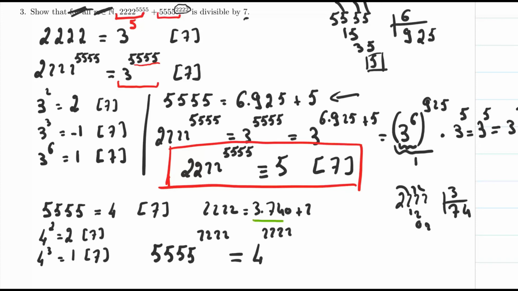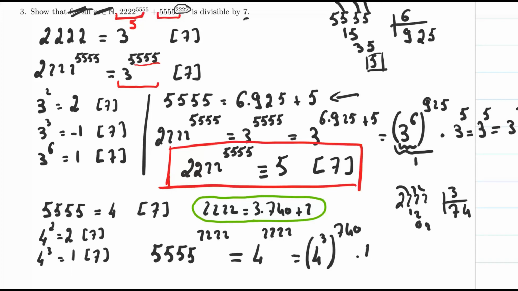And using this here, I write it 4 to the power 3 to the power 740 times 4 to the 2. But 4 to the 3 is 1 modulo 7, so all this is 1 modulo 7. And this is 4 to the 2, it's 16, which is 2 modulo 7. So this is 2 modulo 7.